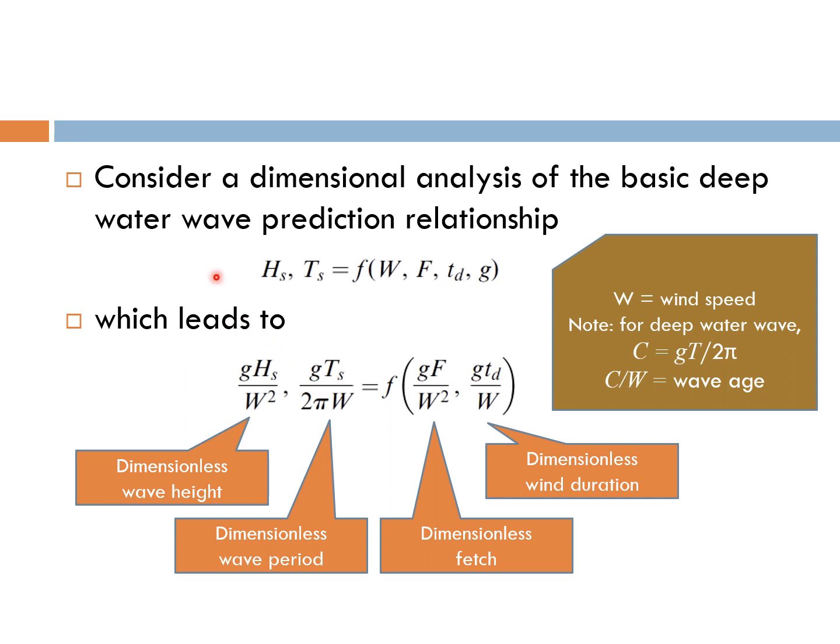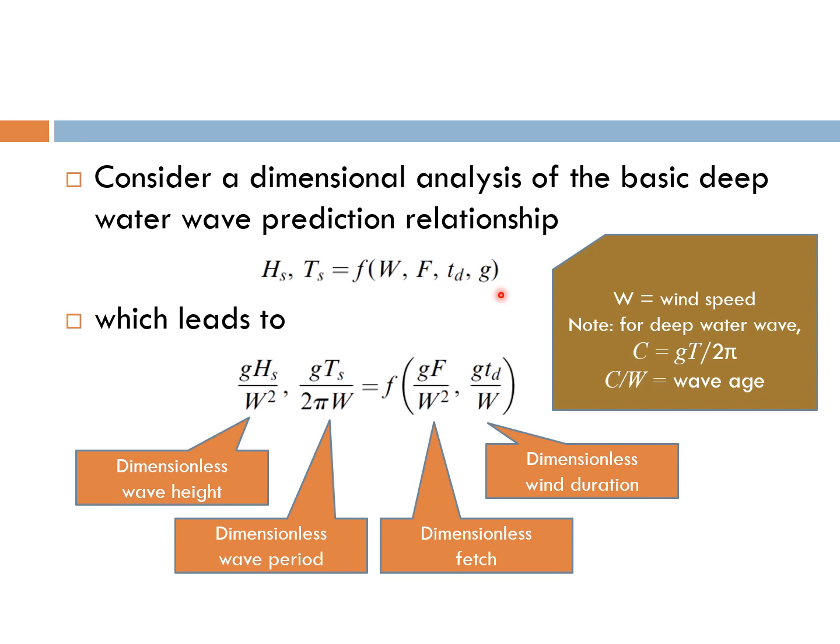So based on the SMB method, the significant wave height and the significant wave period basically is a function of the wind speed, the wind fetch, the wind duration, and g, which stands for the gravitational acceleration.